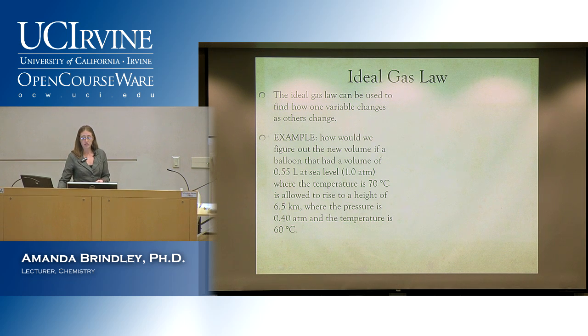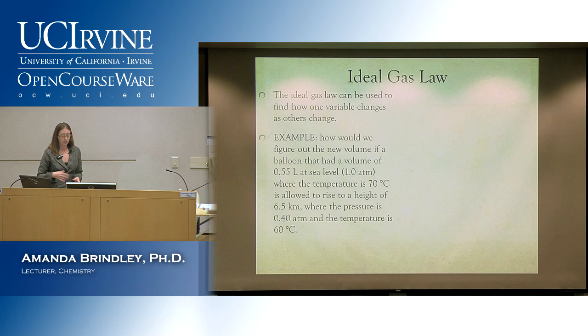So we can do all of this with the ideal gas law. I've started with an example here where we have a bubble, or a balloon, we'll do the bubble next, at sea level, and it's a certain size. And then we're going to raise it up into the air so that there's less atmospheric pressure, and the temperature changes, okay?